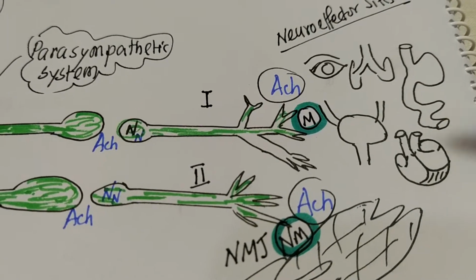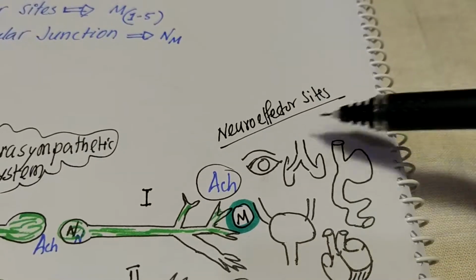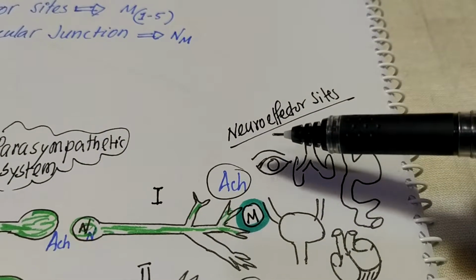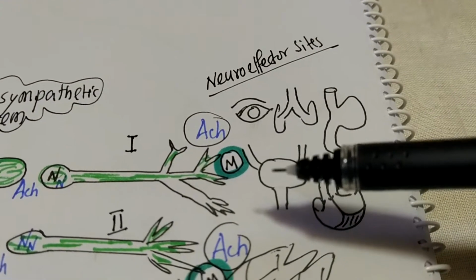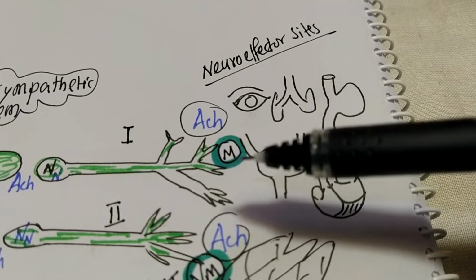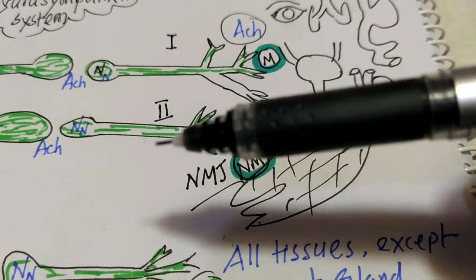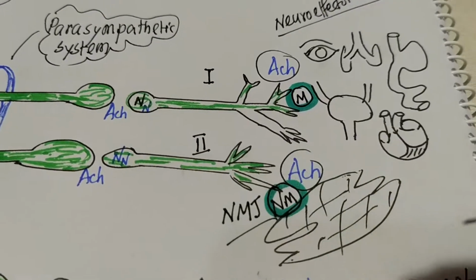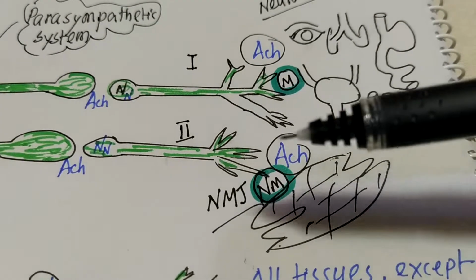Very important to understand that these target tissues are called neuroeffector sites. In the neuroeffector site, the receptors are M type, and in the neuromuscular junction, where the postganglionic fiber supplies the skeletal muscle, it is NM type.